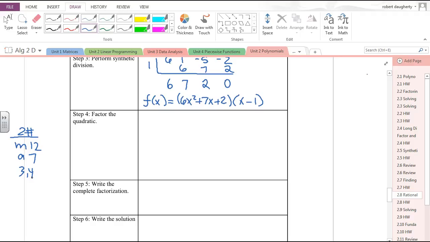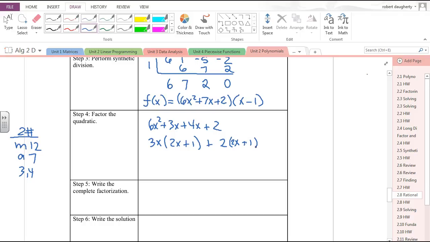So I need to write 6x squared plus 3x plus 4x plus 2. Factor that by what? Grouping. So I get 3x, and I'm left with 2x plus 1, plus, if I factor a 2 out of the next one, I'm left with 2x plus 1.